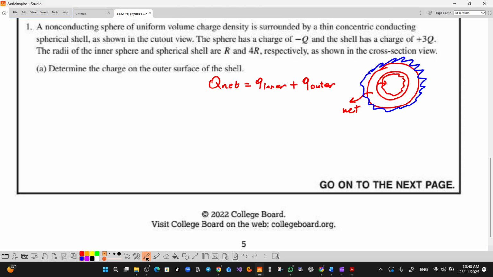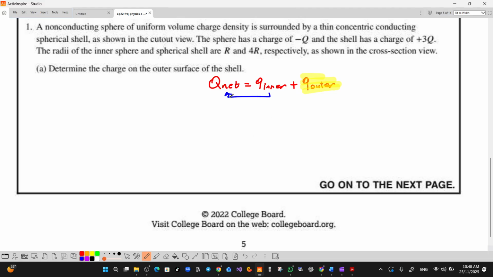The total gives me the Q net. Here we are interested in finding the Q outer, so let's change the equation a little bit by moving the Q inner to the other hand side. Q outer is given by Q net minus Q inner.